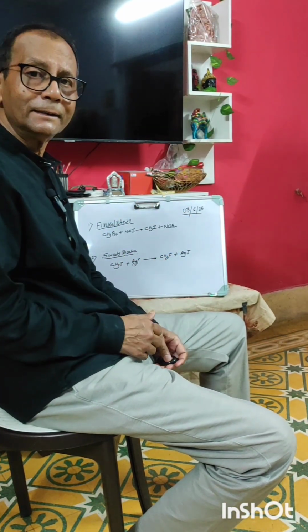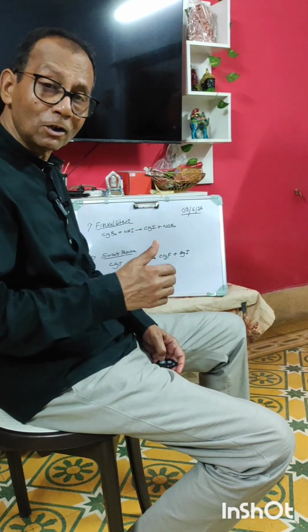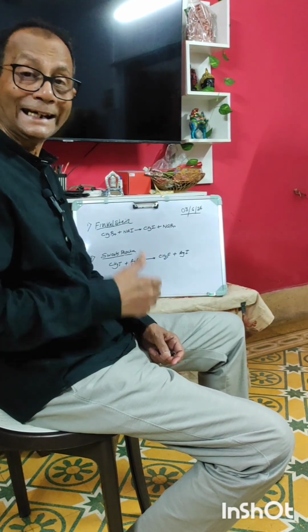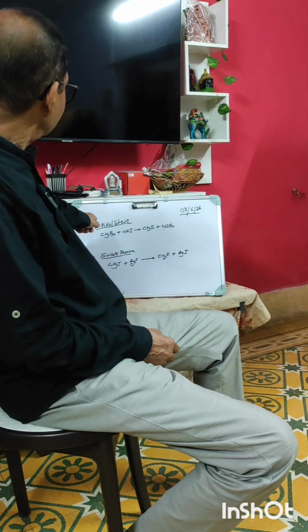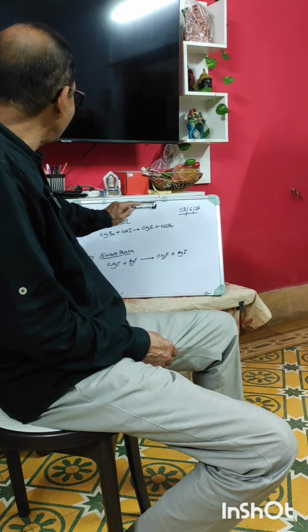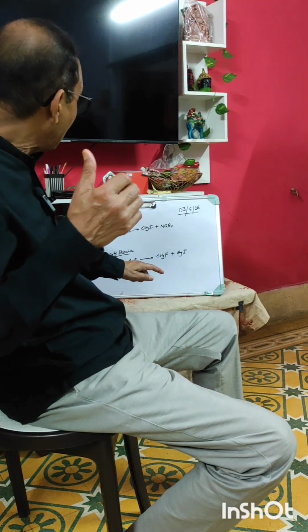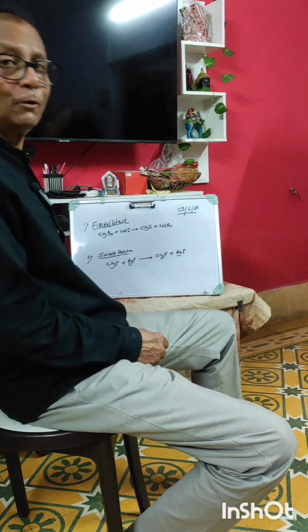That is why these two elements are not directly substituted, rather they are substituted by one method each: Finkelstein reaction for iodine and Swarts reaction for fluorine.